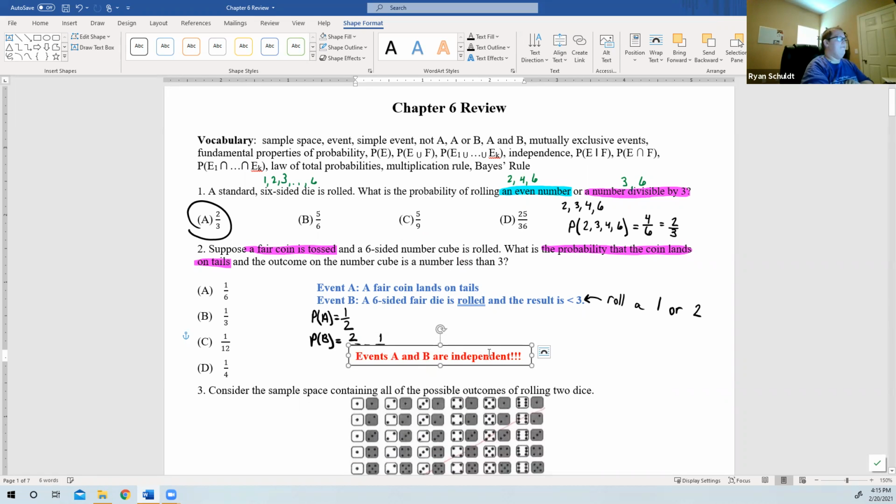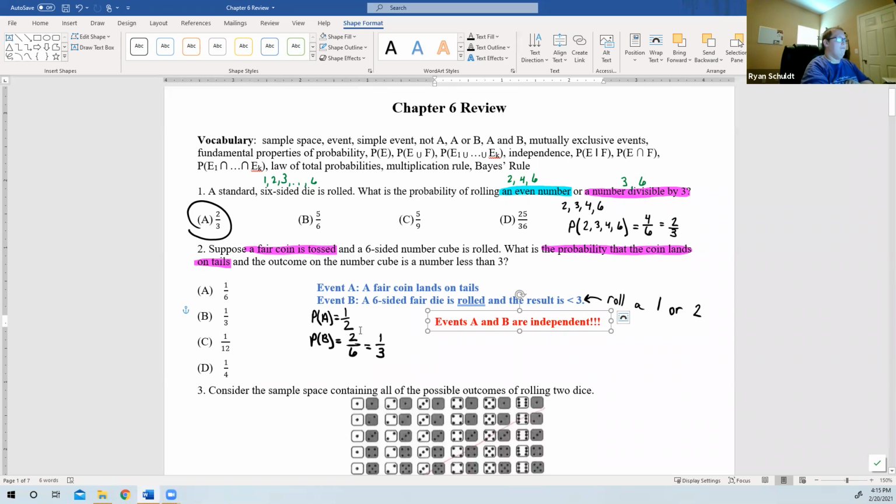So when we find the overall probability, we just have to multiply.